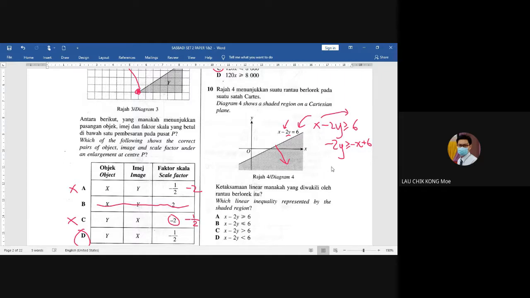When we divide by negative 2, it will become y. Divide by negative 2 is 1 over 2 s, negative becomes positive because negative 2, negative, positive. And this one is negative 3. But because we divide by a negative, the inequality greater than should become less than or equal. So y is less than or equal.